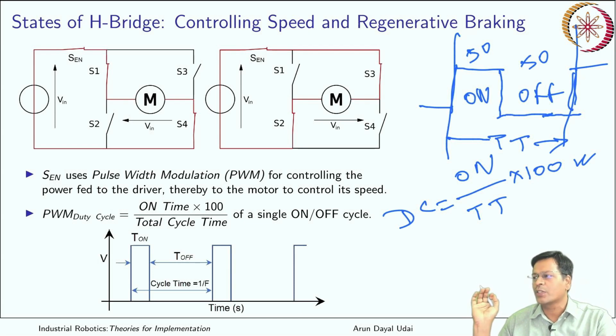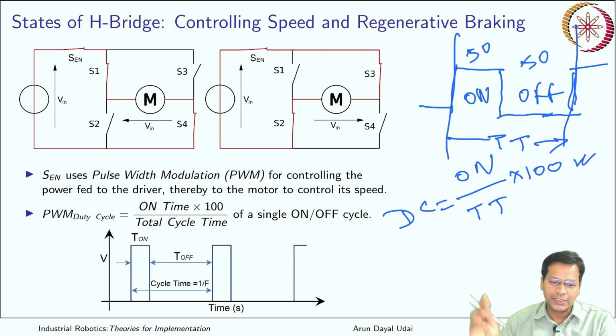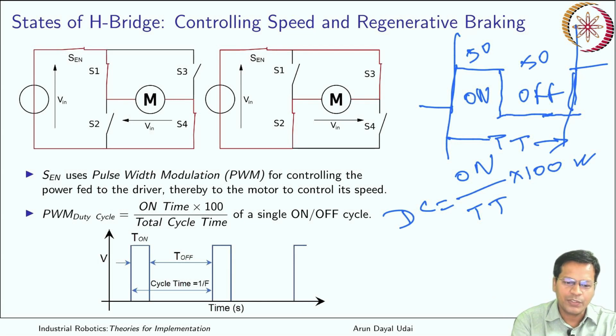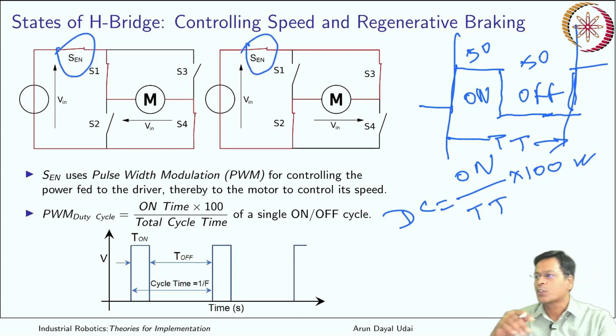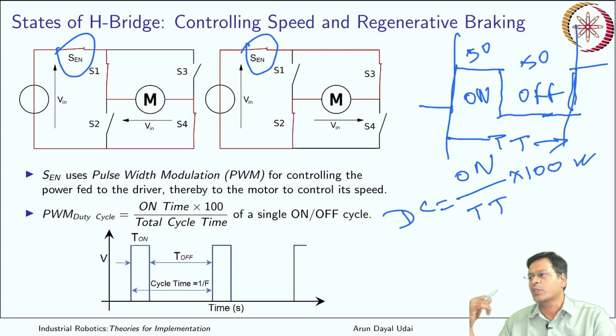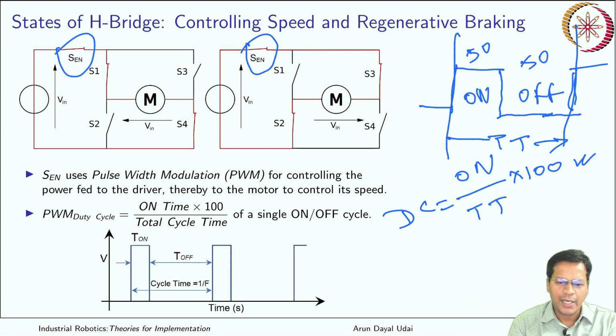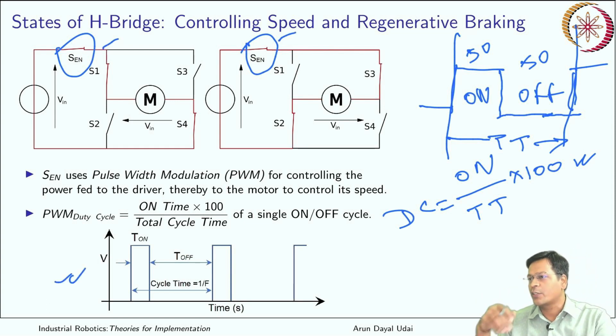This is used to control the effective power that goes into your motor, and that can finally control the speed. And how is that done? You already know you have a switch over here. Whatever direction your motor is rotating, you can have a transistor switch that we feed with this type of control signal.